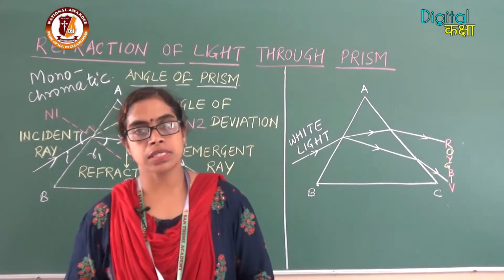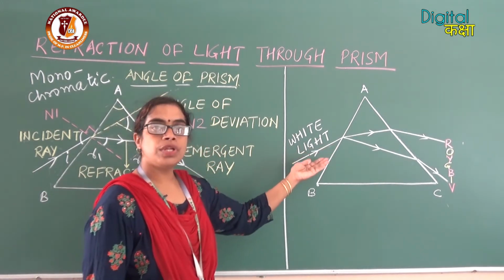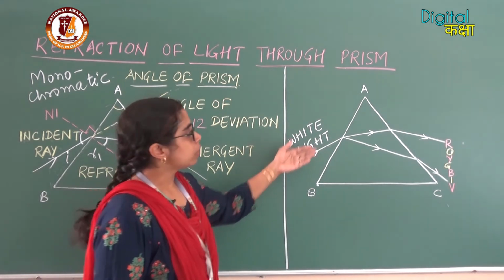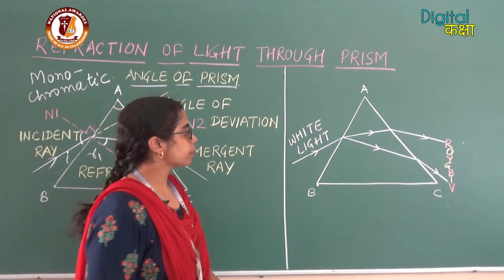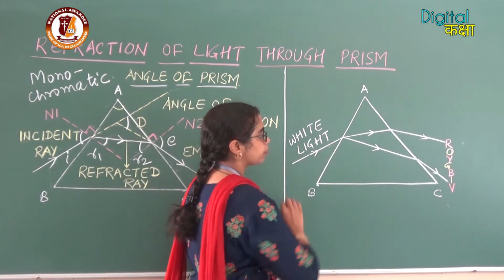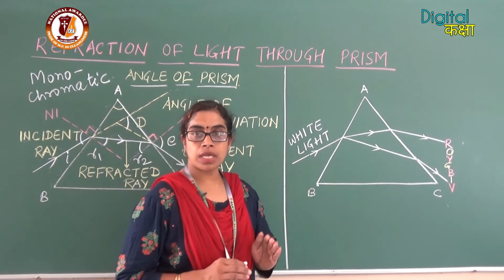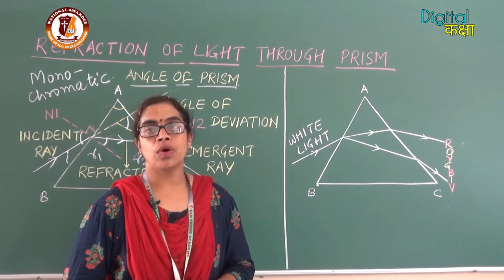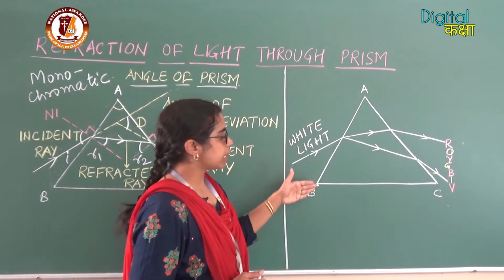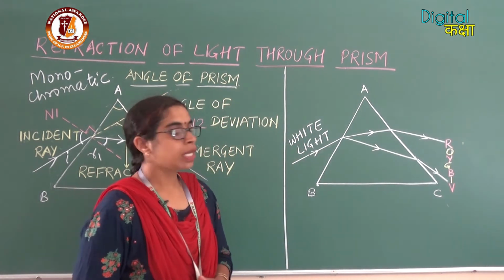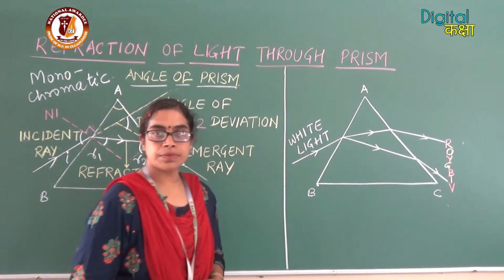Let us now understand what will happen when white light is incident on the first refracting surface of the prism. Now, this is the white light. We know that it is the combination of the 7 colors. When it is incident on the first refracting surface of the prism, it is split up into the 7 colors.